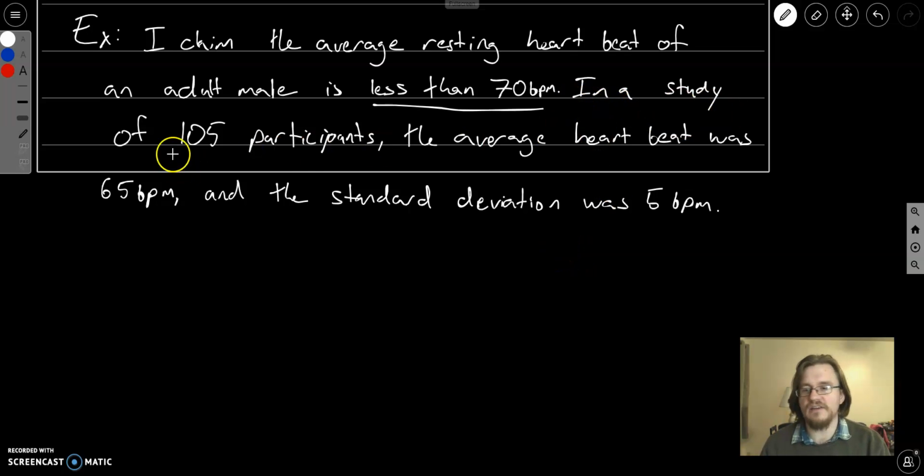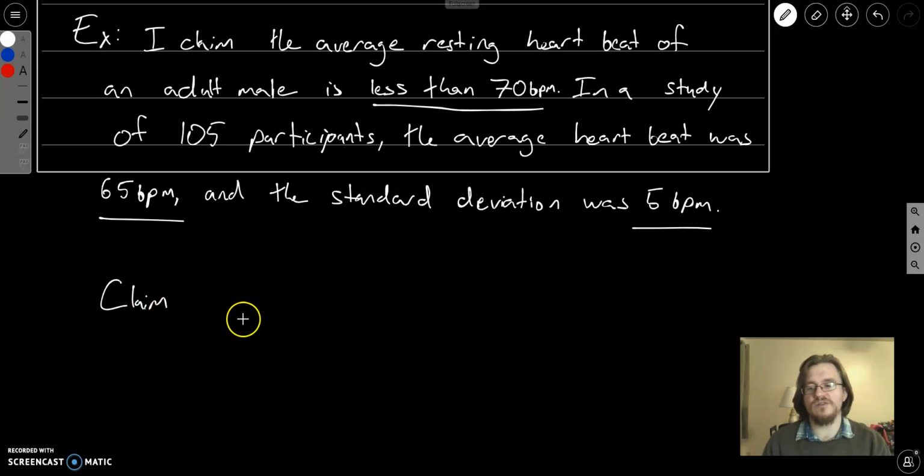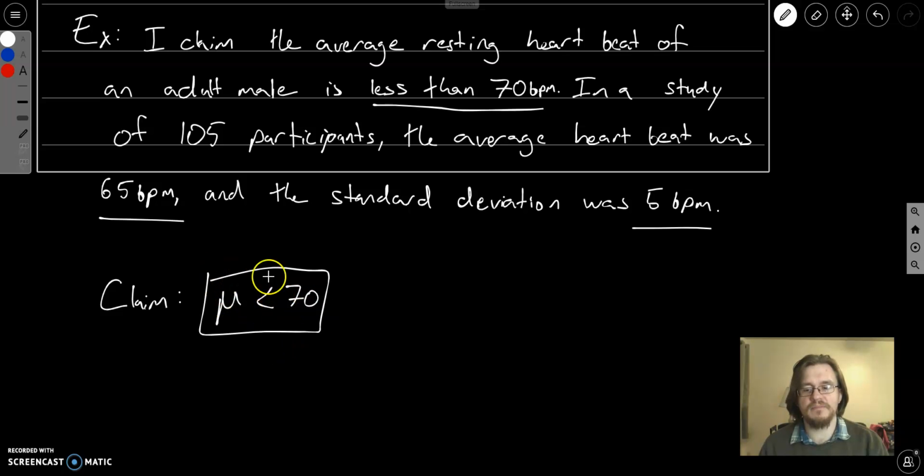And then in a study of 105 participants, the average heartbeat was 65, and the standard deviation was 5 beats per minute. So the initial claim, if I write this down using more technical jargon, this would be, I'm claiming that the average, as in the mean resting heartbeat, is less than 70. So this is my claim.